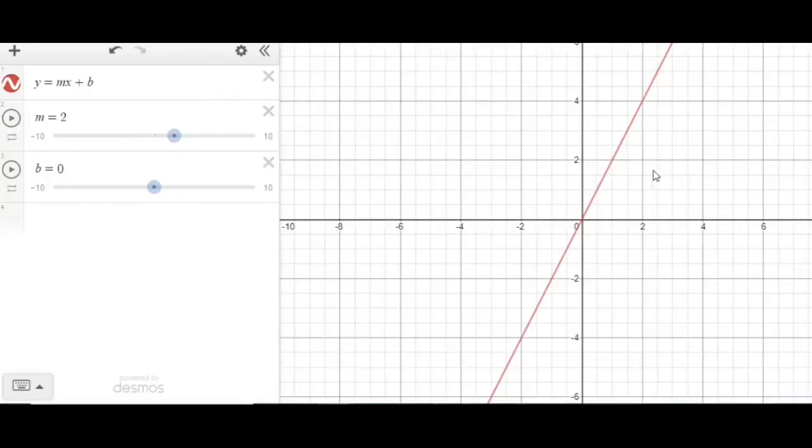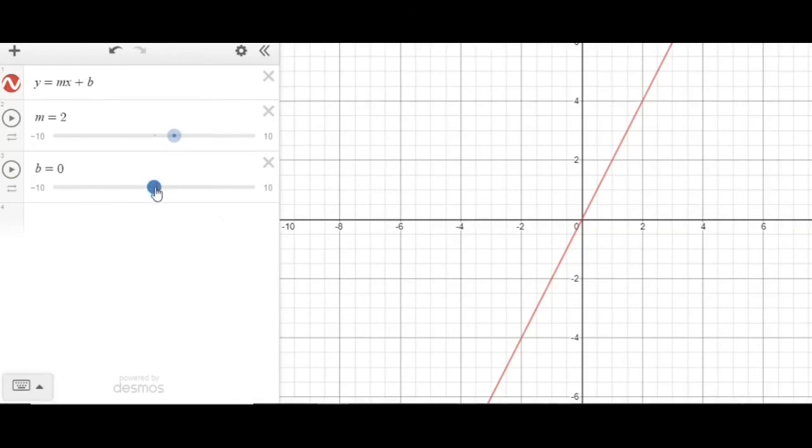Here we have the curve or straight line for y is equal to mx plus b. The general form of linear polynomial is ax plus b. Here we have taken it as mx plus b. Here we have taken in the graph b is equal to 0. So b, the constant term here, indicates y-intercept.